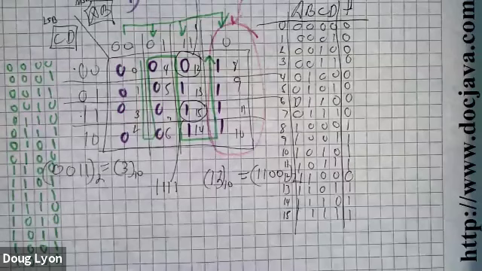The Veitch map, what's that? Well, Edward Veitch came up with this in 1952. And in fact, he didn't invent it either. Holy mackerel. Maurice Karnaugh did it in 1953. You think, wow, what a genius. He didn't invent it. He borrowed and simplified Edward Veitch's map, known as the Veitch chart from 1952.